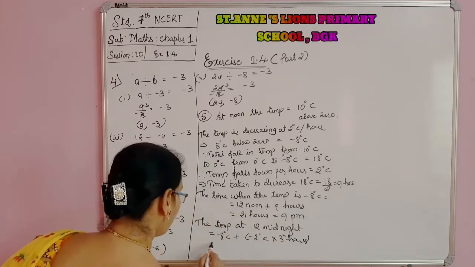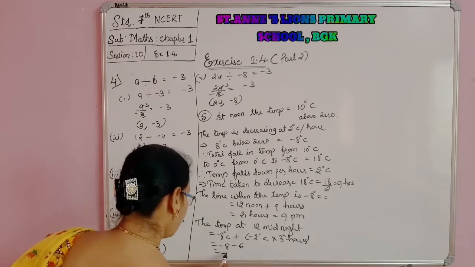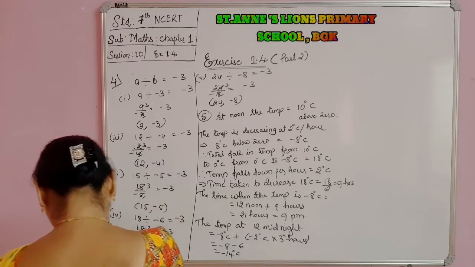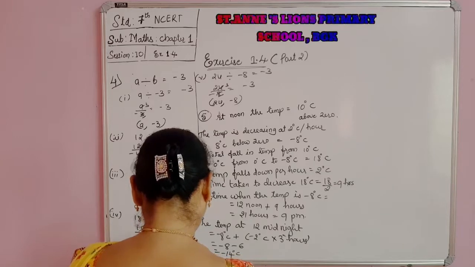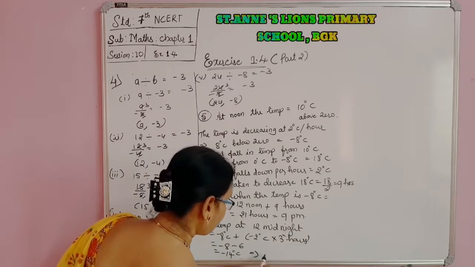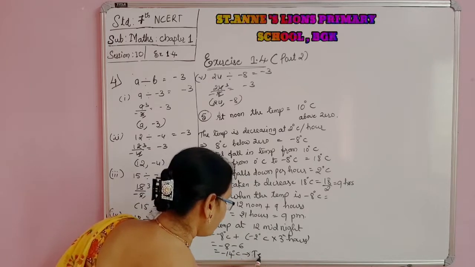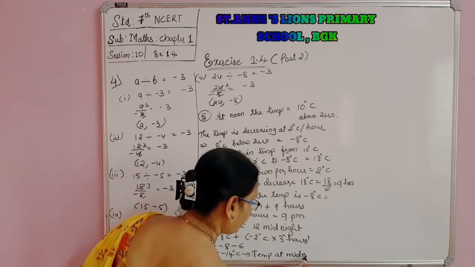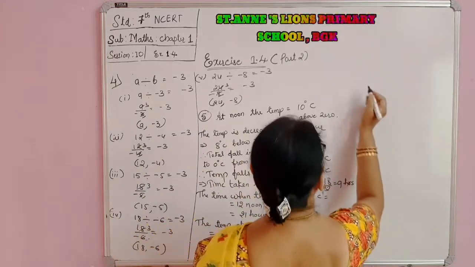That is minus 8 minus 6, which is minus 14 degrees Celsius. So at 12 midnight the temperature will be minus 14 degrees Celsius. This is the fifth problem.